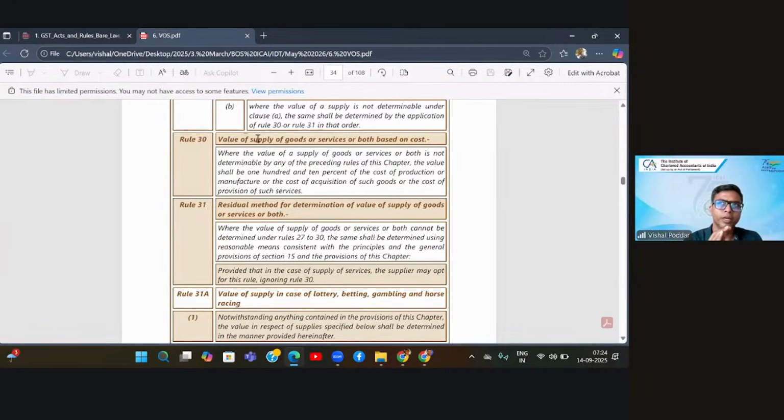So 30 and 31 are, you can say, a type of residuary rules which are made applicable in all cases. So we'll first study 30 and 31, and then we will go to the main rules 27, 28, 29. We'll try to take practical case scenarios to understand the applicability of those rules.